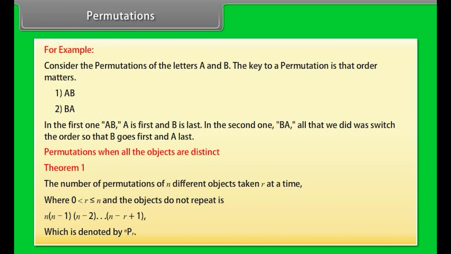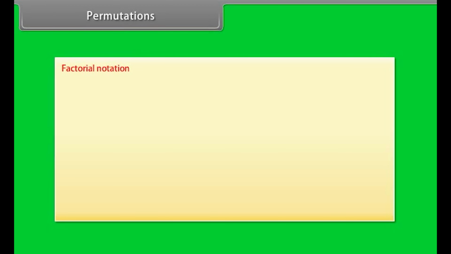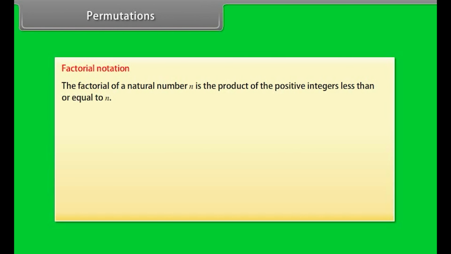nPr. Factorial notation. The factorial of a natural number n is the product of the positive integers less than or equal to n. 1 into 2 into 3 into 4 up to n minus 1 into n is equal to n factorial, and 0 factorial is equal to 1.